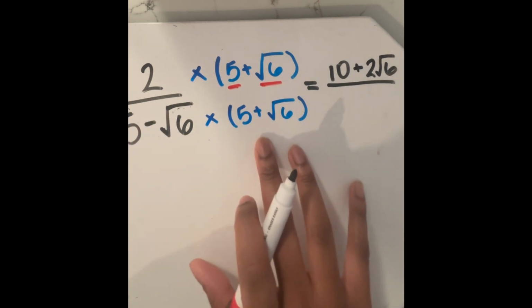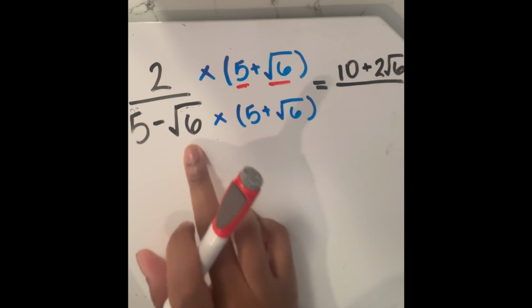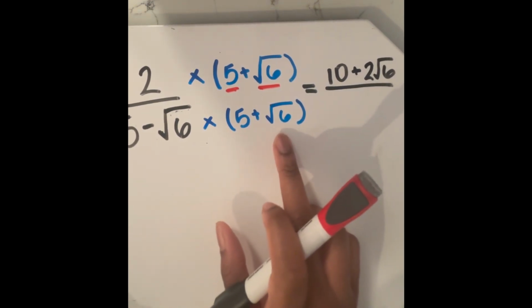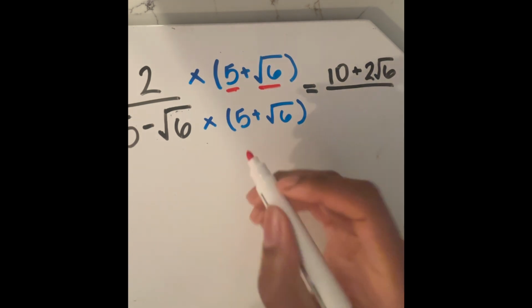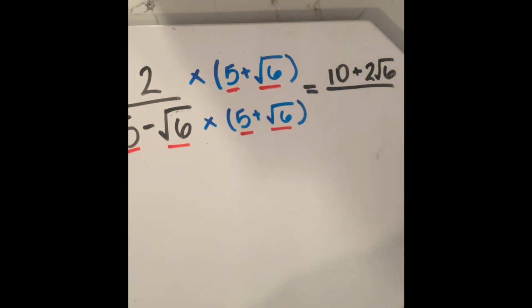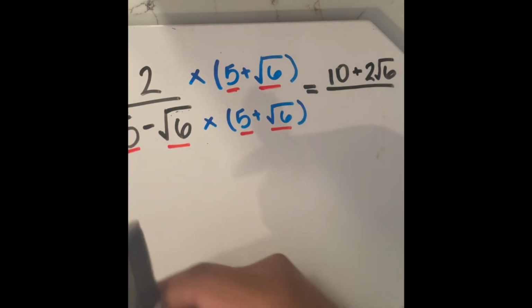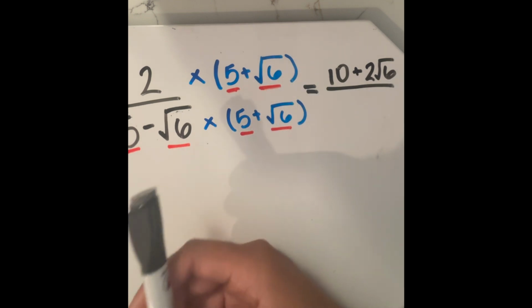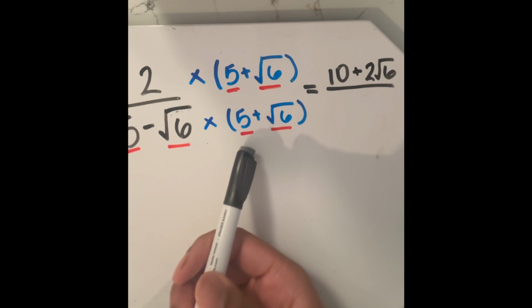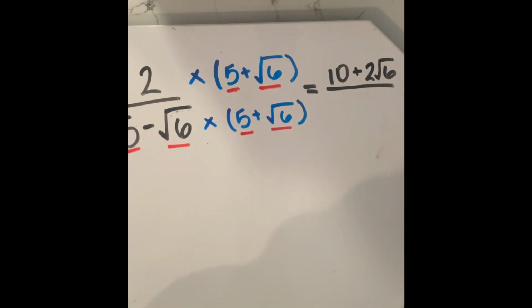Now, when we look at our denominator, 5 minus the square root of 6 times 5 plus the square root of 6, again, we have 2 separate terms on both sides that we are multiplying. And so we want to take that same approach and think of it as if we're distributing. 5 times 5 is 25.